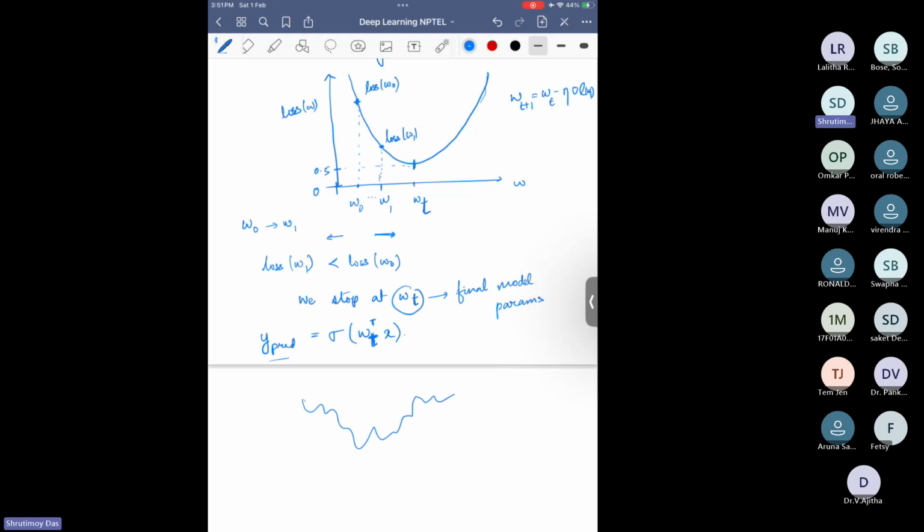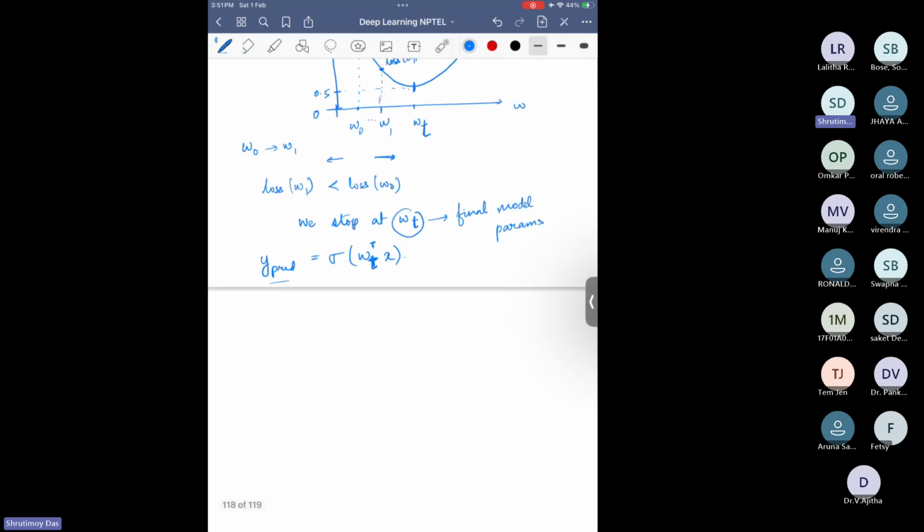Okay, so let us look at this. Like I said, for neural networks, your loss function may be something like this. If you start at this point, your gradient is non-zero. But if we come to this point, your gradient is zero, so the gradient descent algorithm will think that it has reached the minimum, whereas the actual minimum is this point.